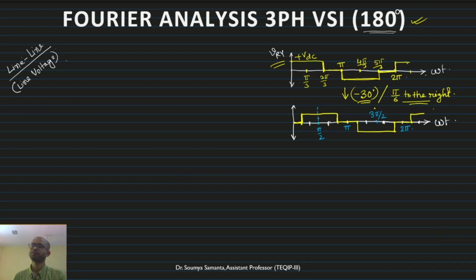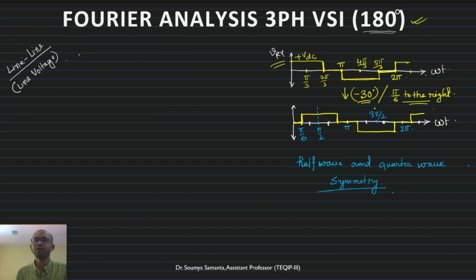With the shift of pi by 6, this one has half wave and quarter wave symmetry. Now what is the expression?